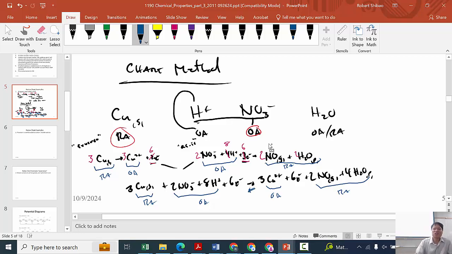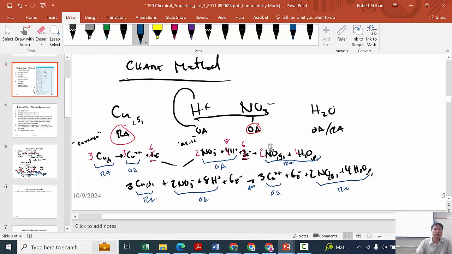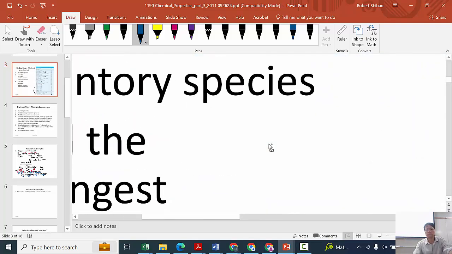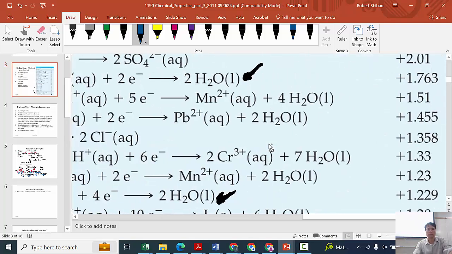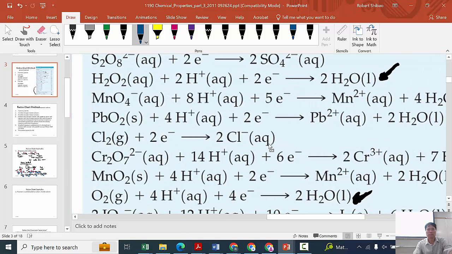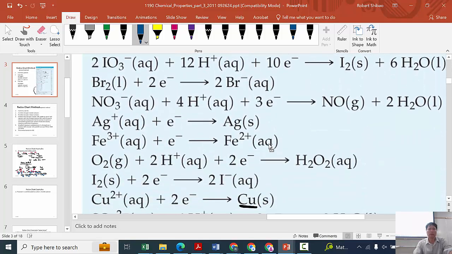And then we use the chart to compare copper 2+ ions versus nitrate and acid. So here we have nitrate and acid, or nitric acid, and here we have copper 2+. Nitrate and acid is the stronger oxidizer.